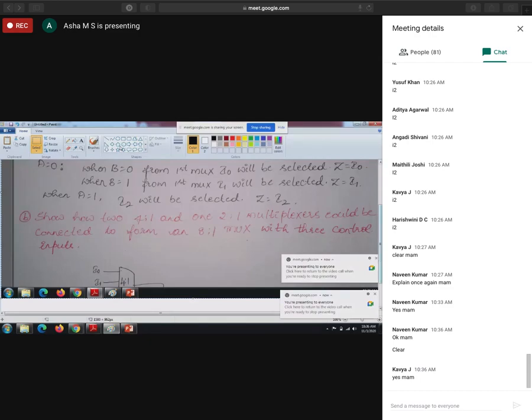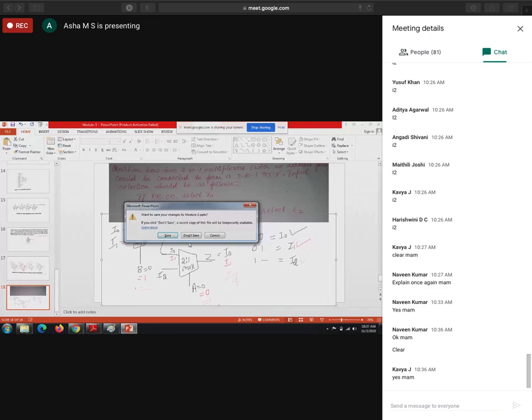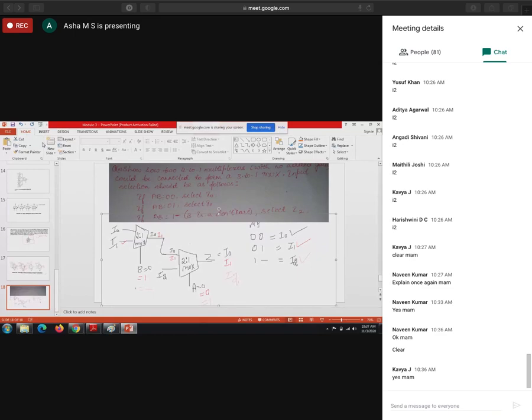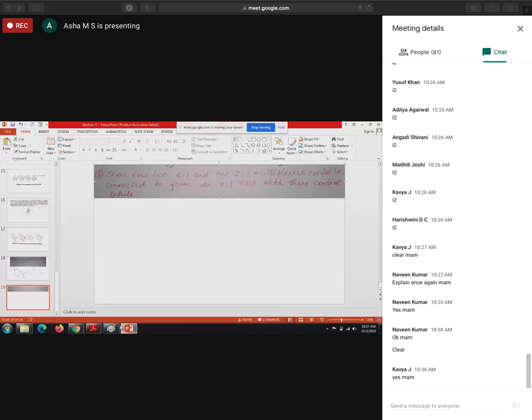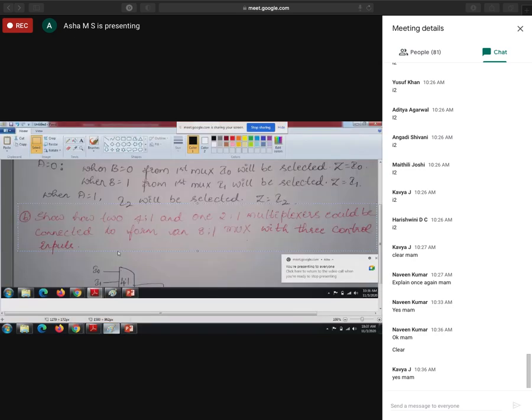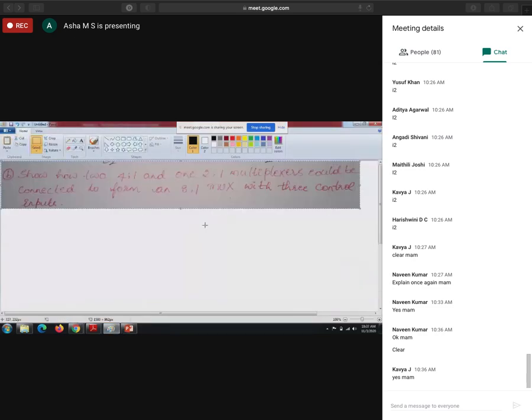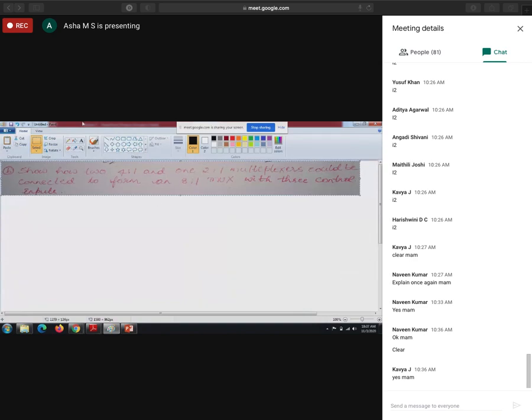So what is there in the second question? Show how two 4 to 1 muxes and two 2 to 1 multiplexers could be connected to form an 8 to 1 mux with 3 control inputs. They told us to take two 4 to 1 muxes.